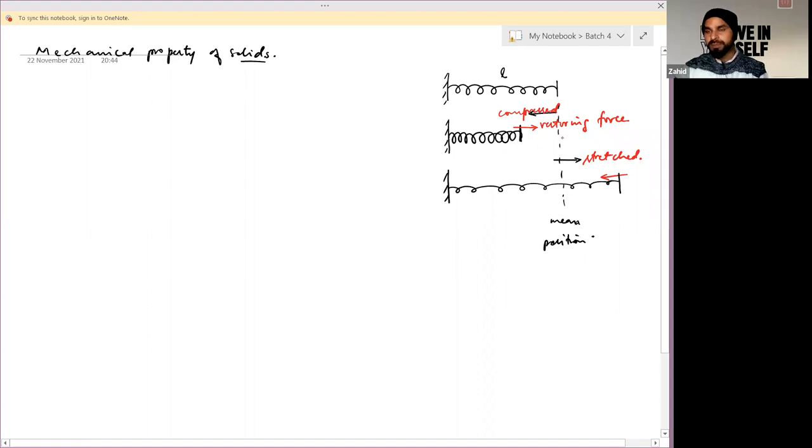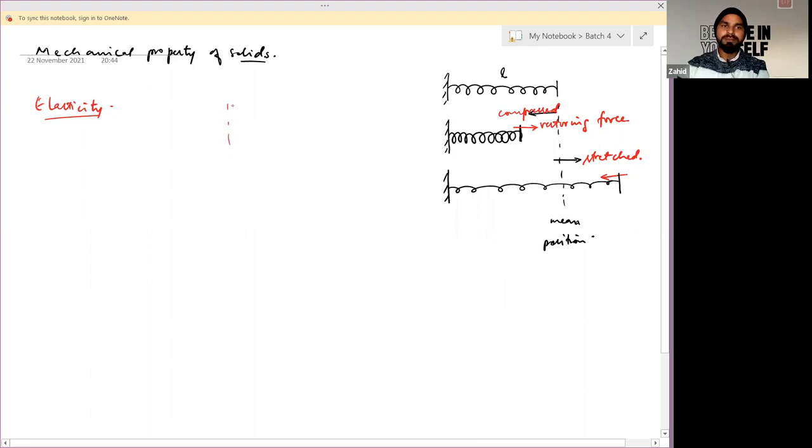The tendency of the spring to regain its original shape on removal of the deforming force is termed elasticity. Is it clear? Yes, sir. So first we defined what elasticity means.